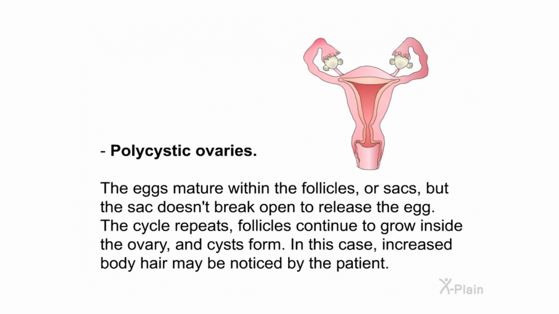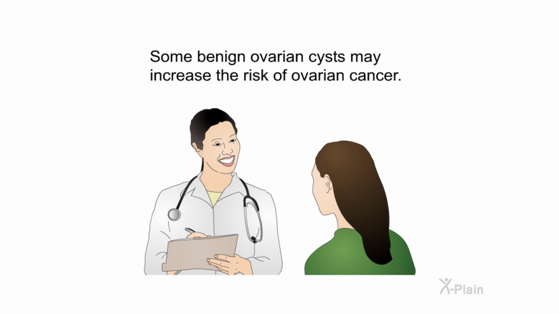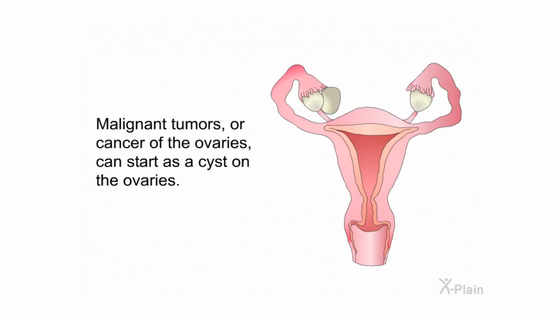The cycle repeats, follicles continue to grow inside the ovary, and cysts form. In this case, increased body hair may be noticed by the patient. Some benign ovarian cysts may increase the risk of ovarian cancer. Malignant tumors or cancer of the ovaries can start as a cyst on the ovaries.